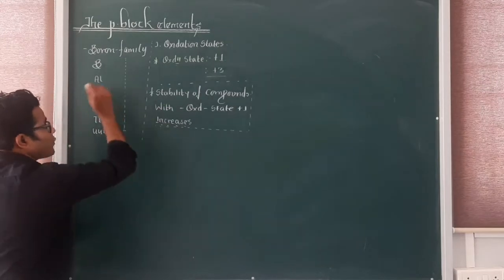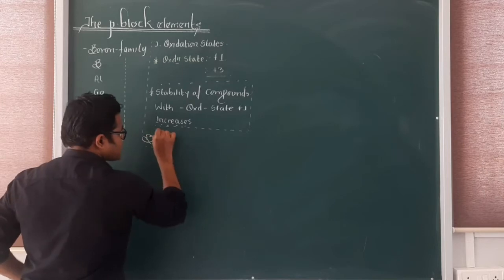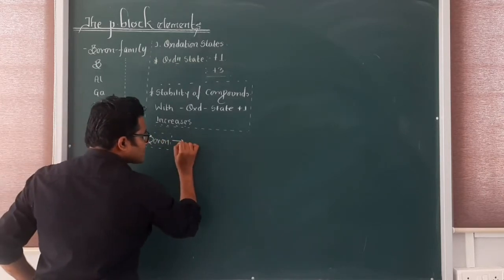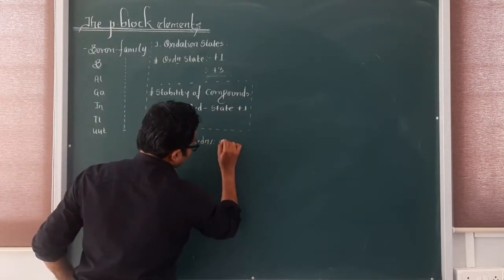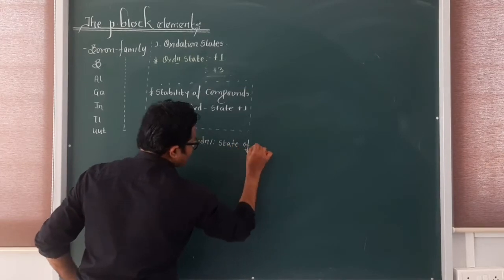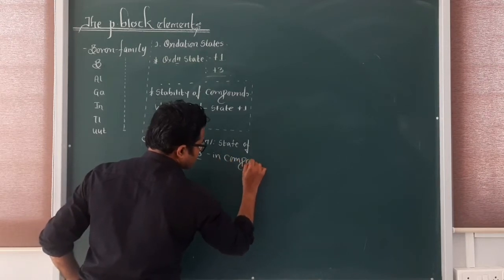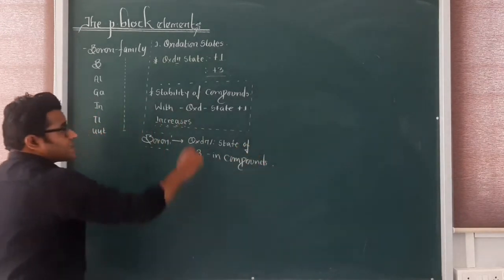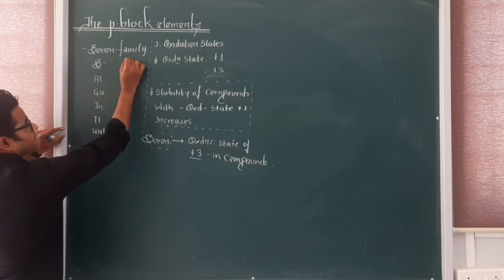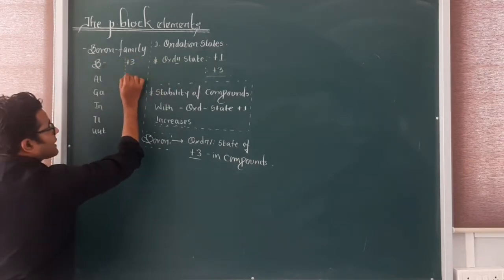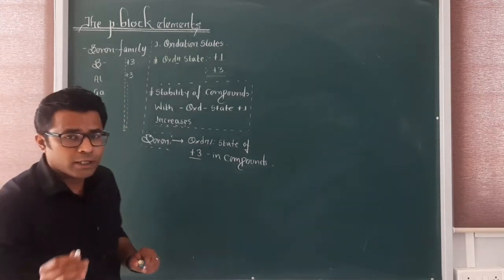While speaking about boron, if we stick to boron, it tends to consistently exhibit an oxidation state of +3 in its compounds. As we speak about the stability of compounds, boron exhibits +3, most of them, again +3. As we travel down, the tendency to exhibit +3 goes on decreasing.